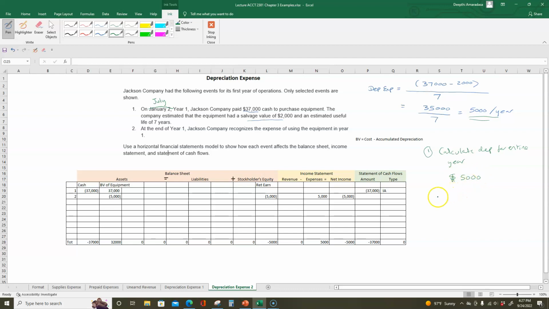That is step 1. Once we figured that, we prorate it for the number of months owned. So then prorate depreciation for the year for the number of months that the company owned the equipment.